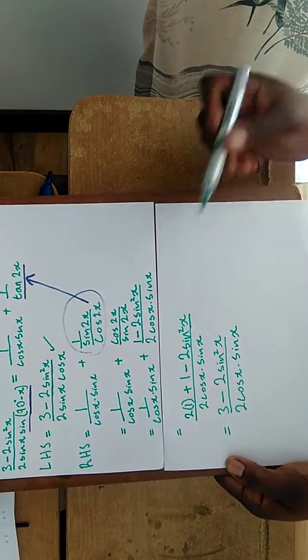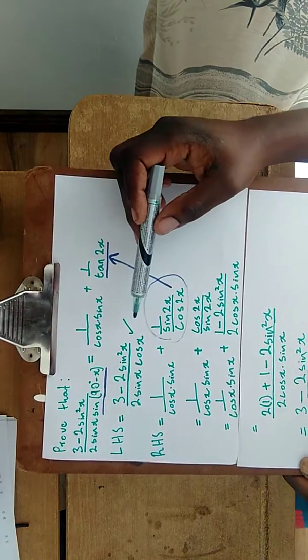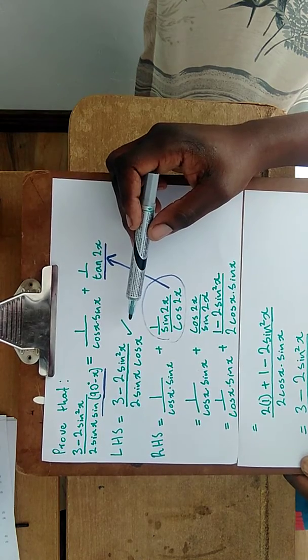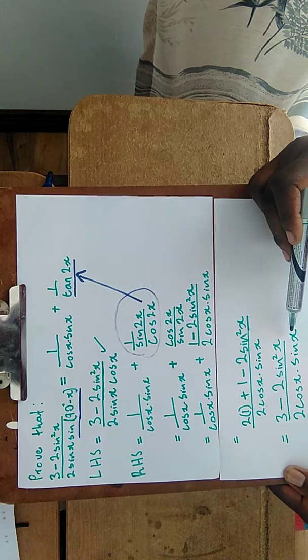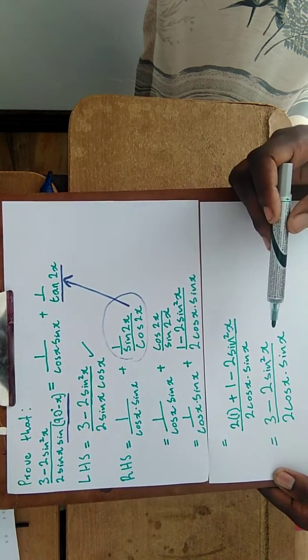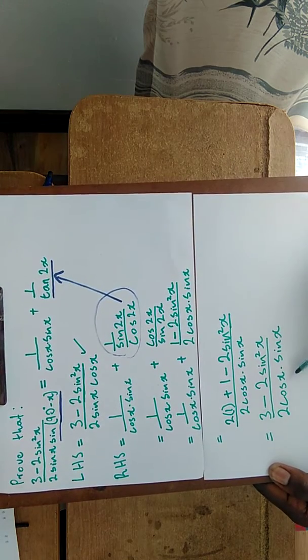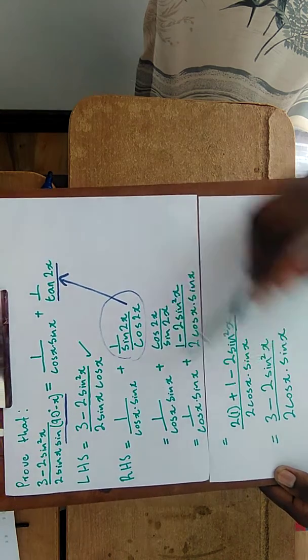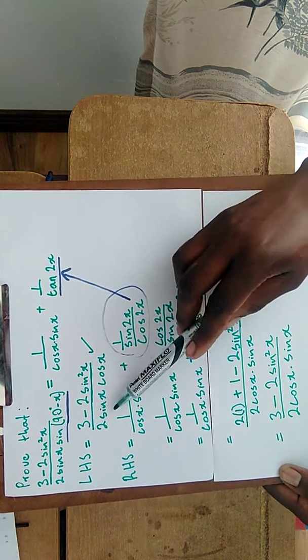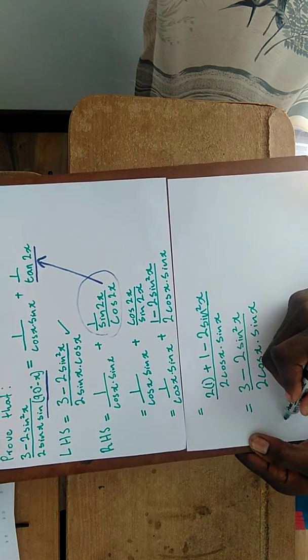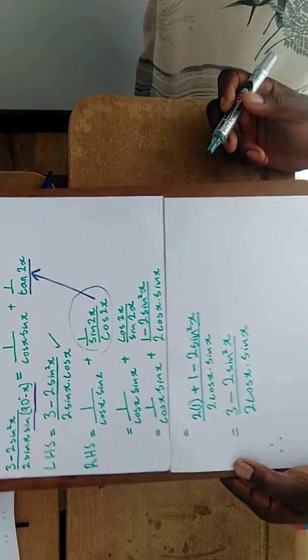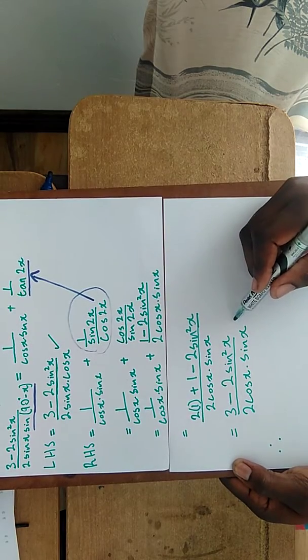Right, let's go back to our left hand side. So if you check, our left hand side equals the right hand side. Why? Because 2 cos x times sine x is the same as 2 sine x cos x. Therefore, we must conclude. We don't leave it here.